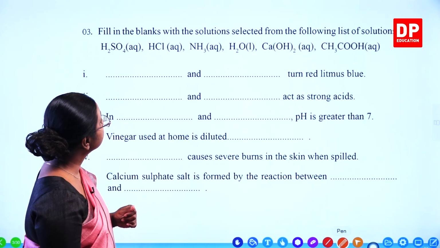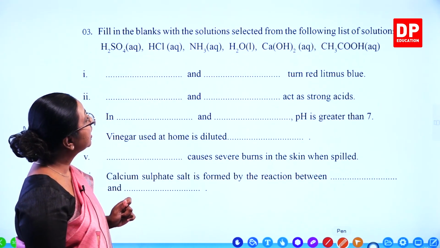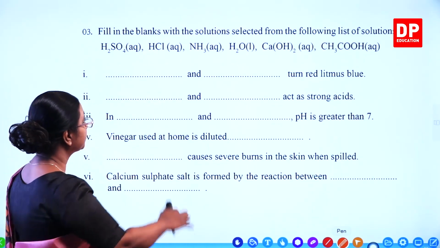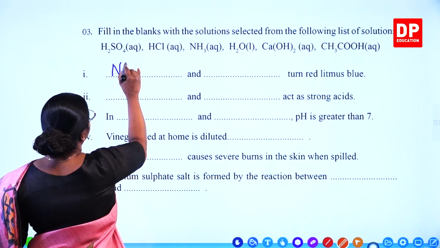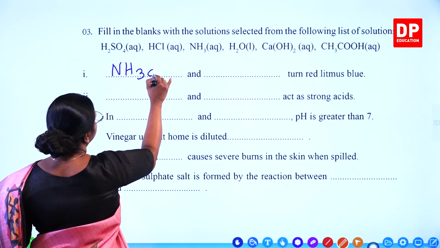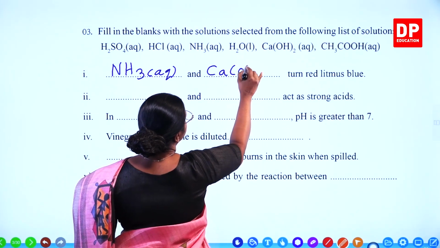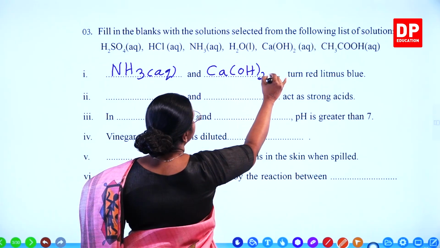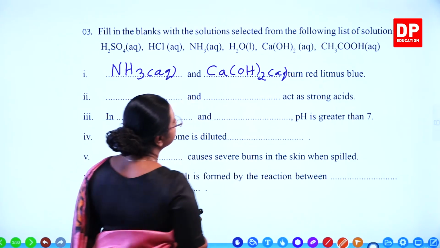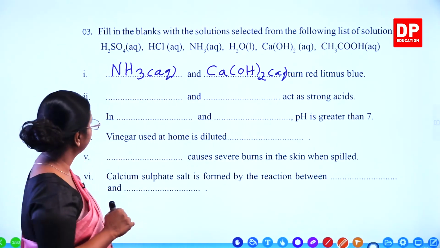Can you find the bases from there? Ammonia aqueous and calcium hydroxide aqueous. NH3 aqueous and calcium hydroxide aqueous turn red litmus to blue.